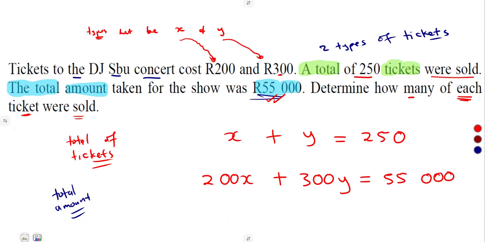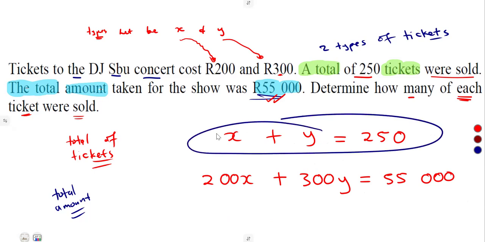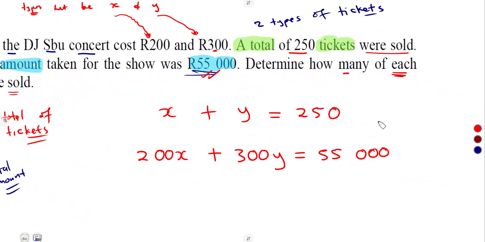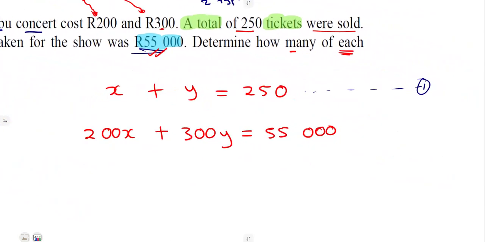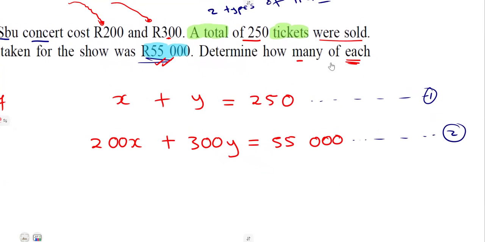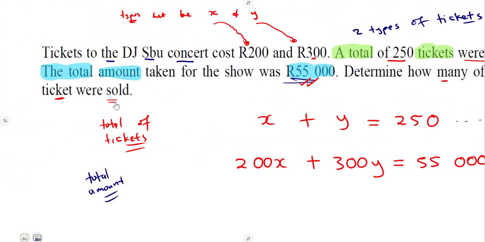So we can see that from the total of tickets, we obtained an equation in X and Y, two unknowns. From the total amount which was taken, we formed an equation in X and Y. Two equations were formed, simultaneous equations. We are back to our simultaneous linear equations where you can solve. Here they want us to determine how many of each ticket were sold.